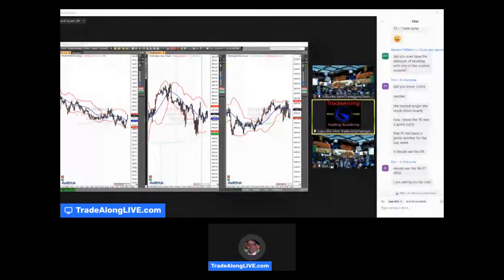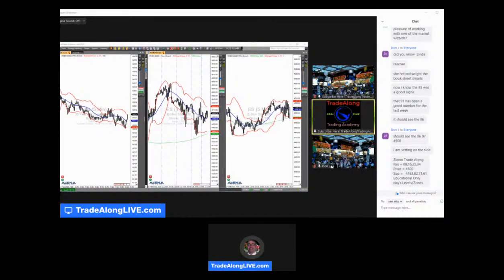Those of you who might have just missed the levels, maybe we can repeat the levels in the chat. If you look at the chat box area, you will find the levels that we are using as a guide to the day.